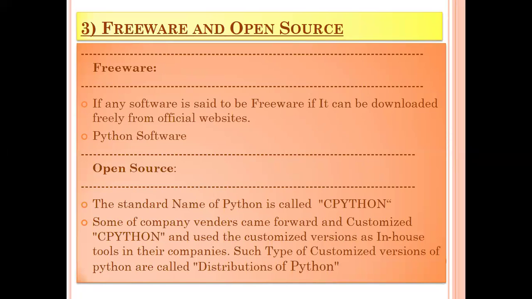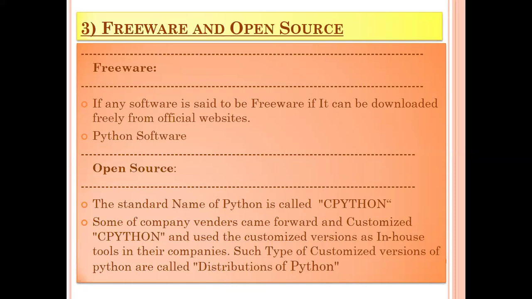Whenever we save any file with the .py extension, internally it will be stored as .pyc. Externally, we store the file with the .py extension for our understanding, but internally it will be stored with the .pyc. So the standard name of Python is CPython.